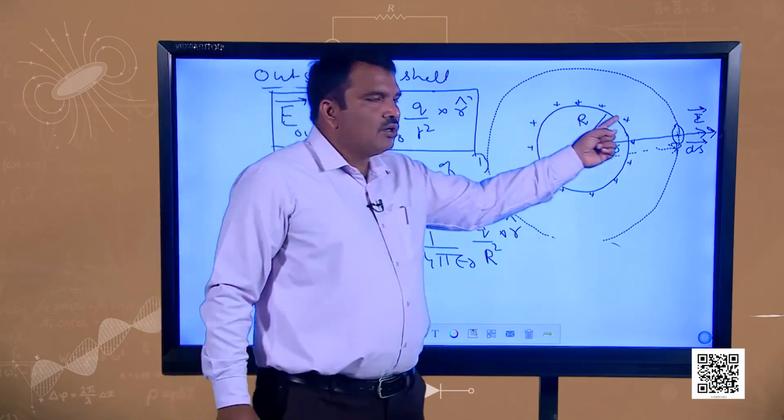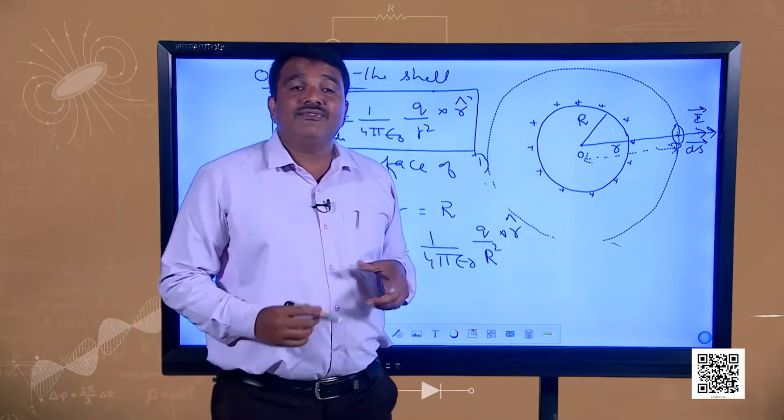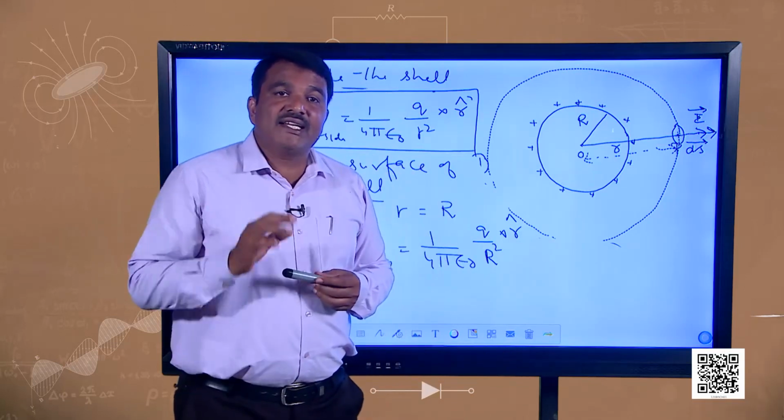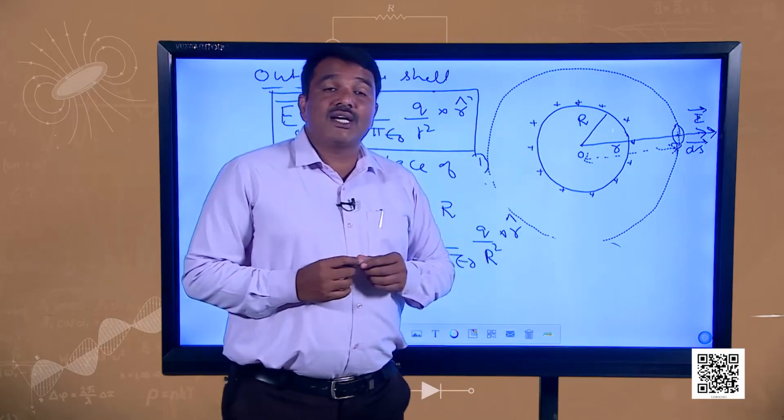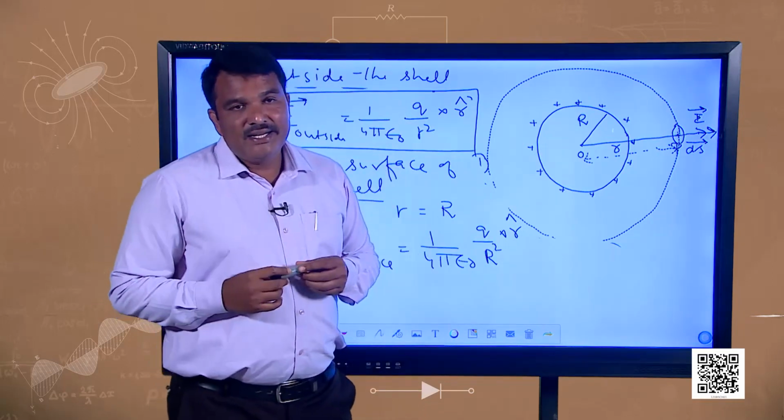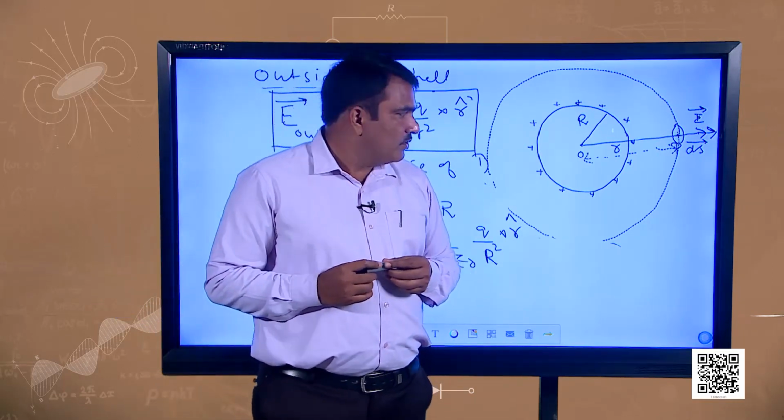If the charge on the surface of the cell is positive, that means q is greater than 0, and it is directed radially inward if the charge on the surface of the cell is negative.